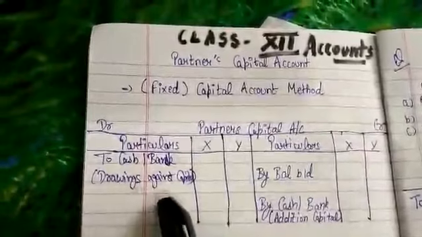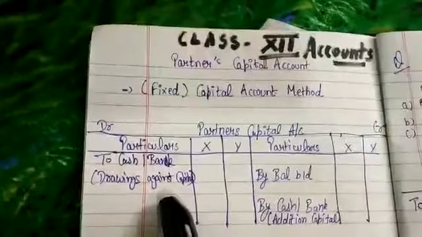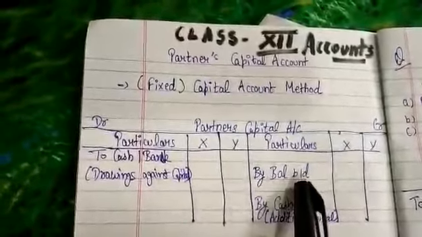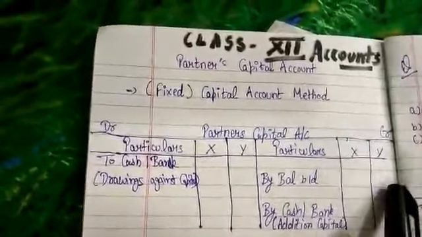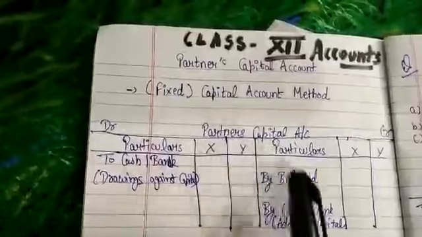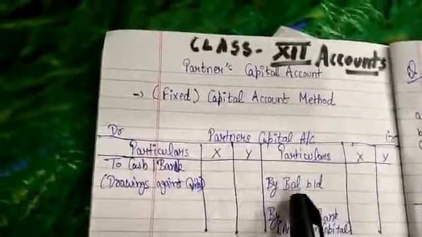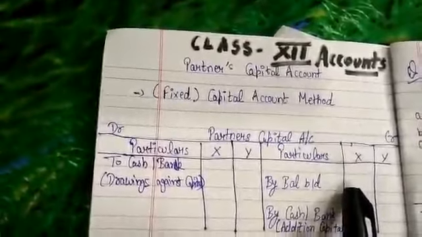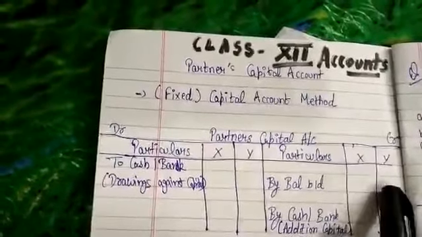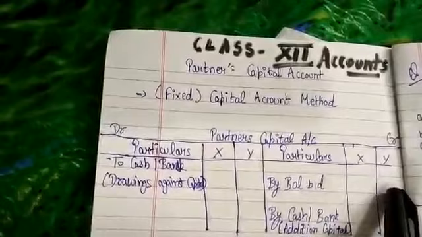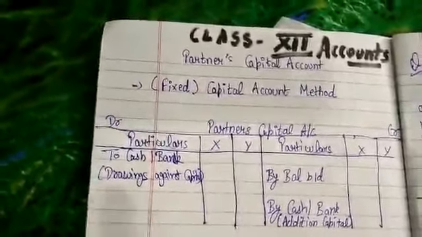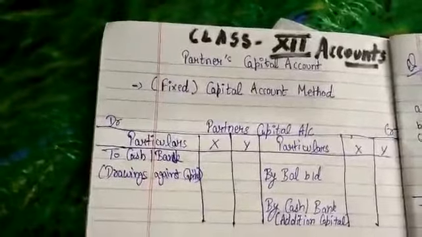In the first, partners capital account will be made, this is partners fixed capital account, and in the same way as you have learned in the previous lecture, we have to bring down the balances on the credit side. Because this is the capital account of the partners, the capital which they have given to the business will appear on the credit side of this account, and in this account no other entry will be done.